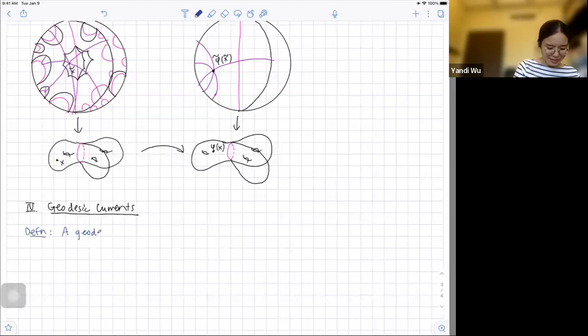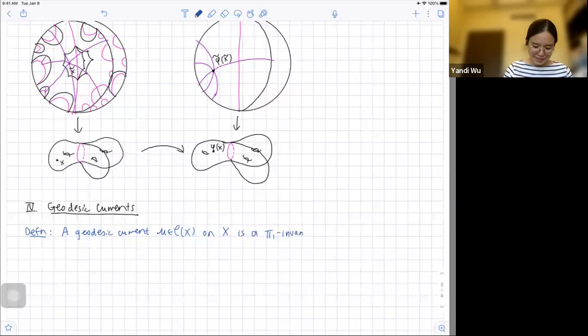So a geodesic current, which I'm going to call mu because it's a measure in the space of currents on X, where for now X is just a general metric space, is a pi1 invariant Radon measure. Again, this means that it's locally finite, which means that every point in your space has a neighborhood with finite measure, and also a Borel measure, so it's defined on the sigma algebra generated by open sets.